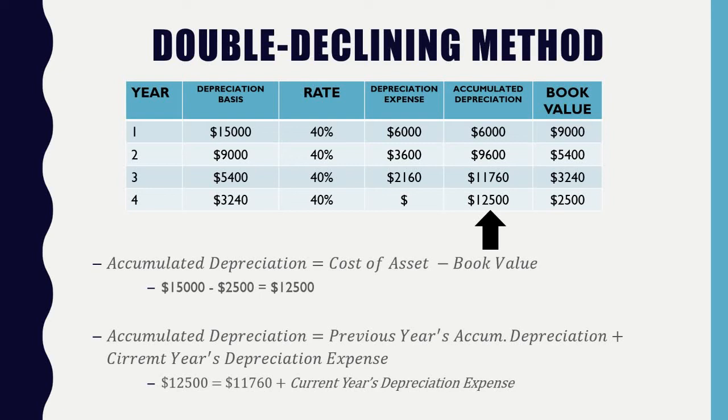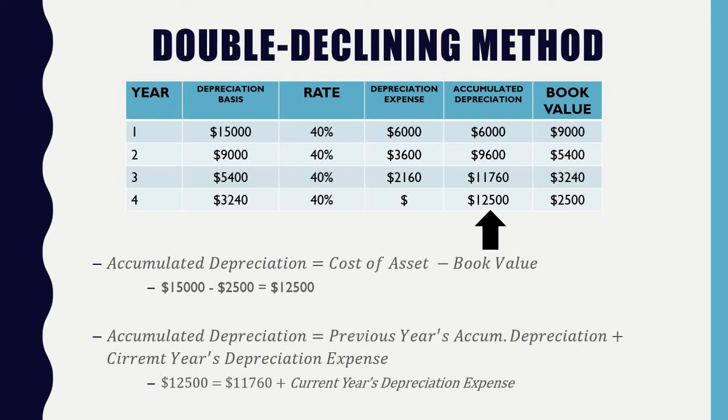So in this case, you already know how much the previous amount is. And because you worked backwards, you already figured out what your accumulated depreciation was. It was 12,500.